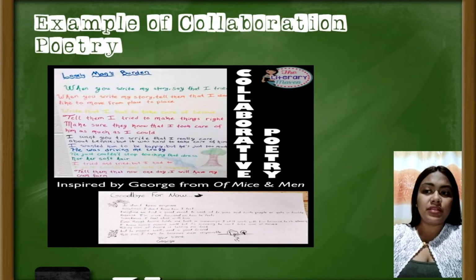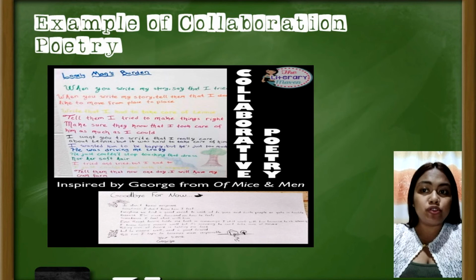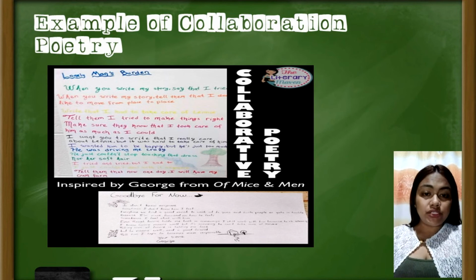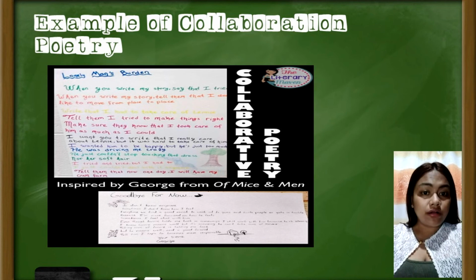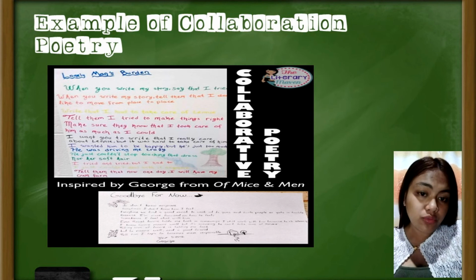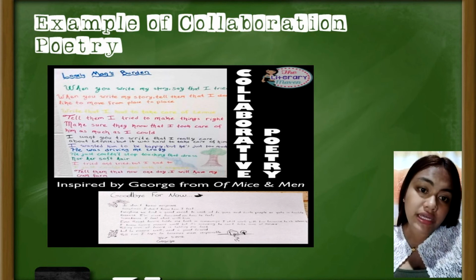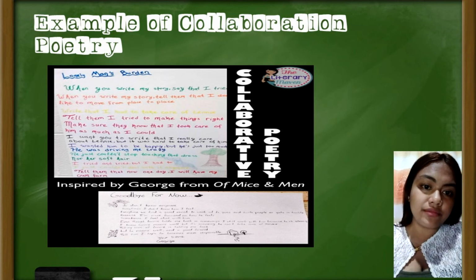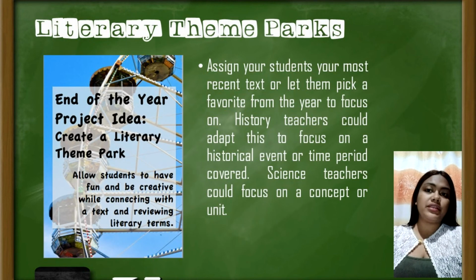As you can see from the image here, the two contents of this poetry is already inspired by George from Of Mice and Men. Let us take, for example, if your teacher gives you the topic love to create a poetry, then all of you will connect each of your ideas and form or conclude into a certain poetry that correlates to your topic. Next, we have literary theme parks.